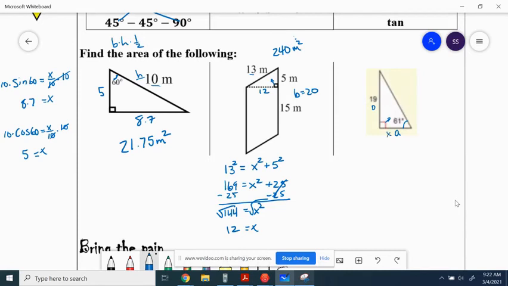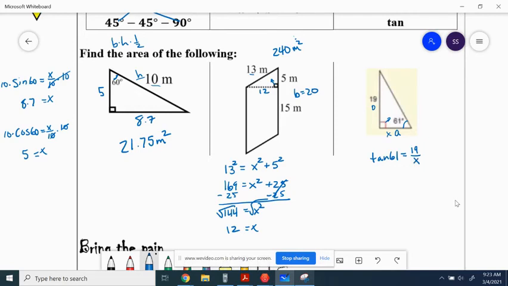So we'll put our x there. So it looks like we're left with O and A. Which ratio uses O and A? That would be TOA, tangent. So we're going to do the tangent of 61 is equal to 19 over x. And this one's different from the other one.